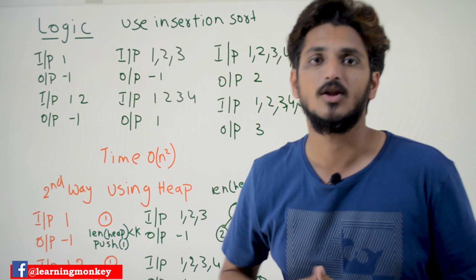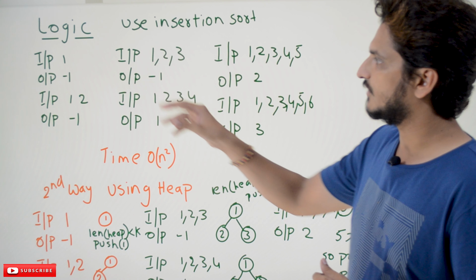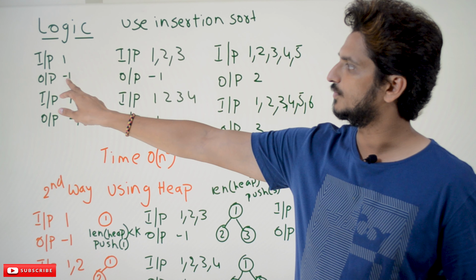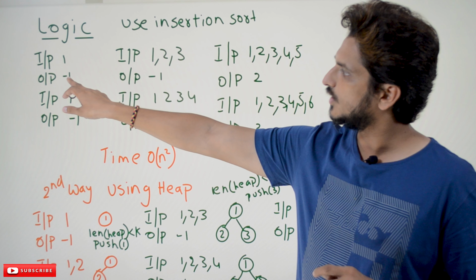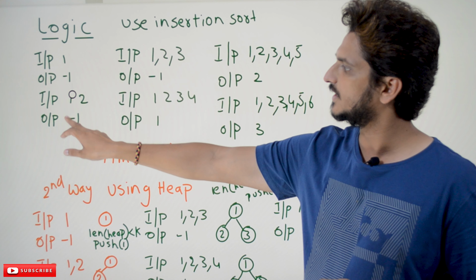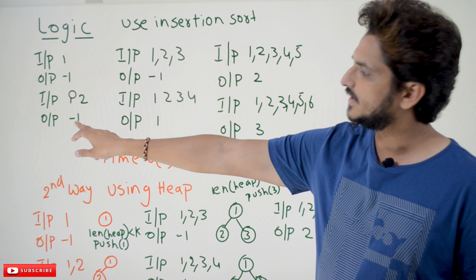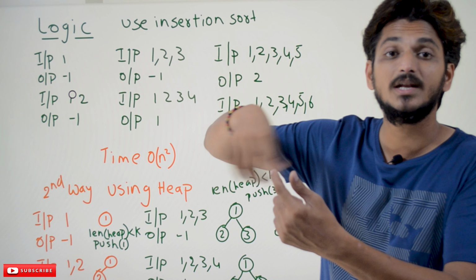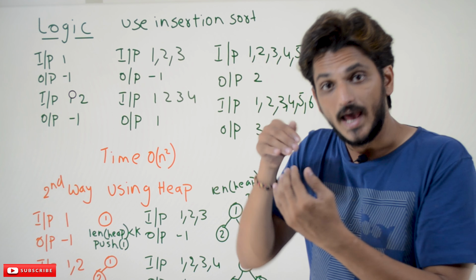So coming to our logic, without using a heap we can do this. Take the first element. When you get the first element, place it like this. Because the number of elements is less than k, we are going to display -1. Similarly, take the next element. Input is 1 2, number of elements less than k, so display -1. Next one is 1 2 3. Arrange them in ascending order. Whenever you get a new element, arrange them in ascending order.